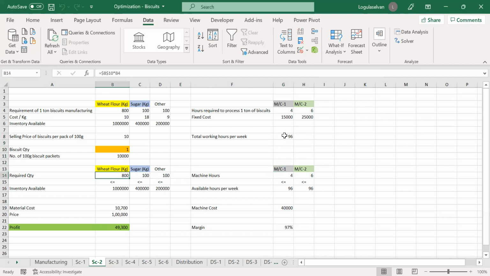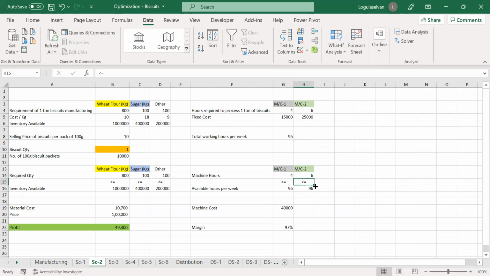So now, we have already shown you how to build the required quantity in the model. For the machine hours, we have to do it in a similar way. Per each ton, 4 hours are required. So here also the tons of biscuit is fixed and we are multiplying with the machine hours.